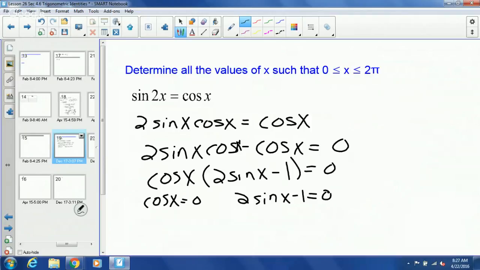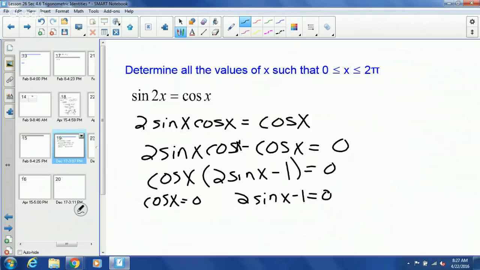So when is cosine of x equal to 0? I'm using my whole circle here. Three pi over 2. Okay.